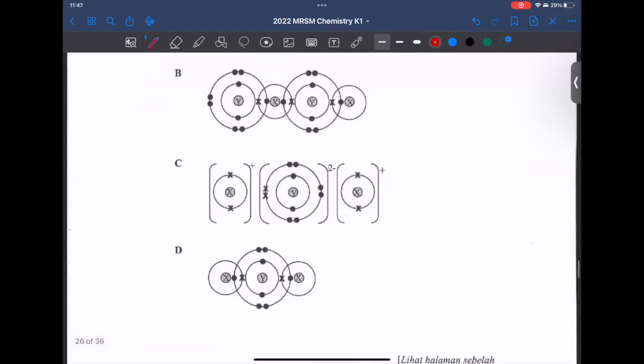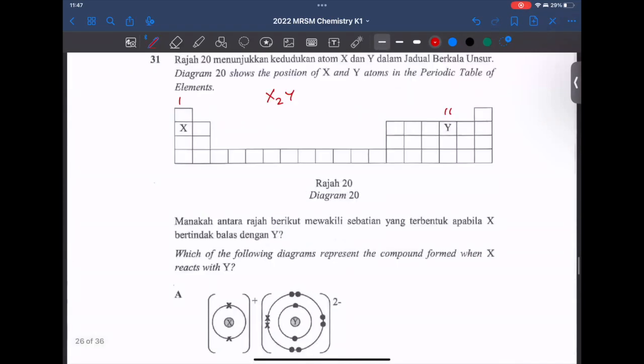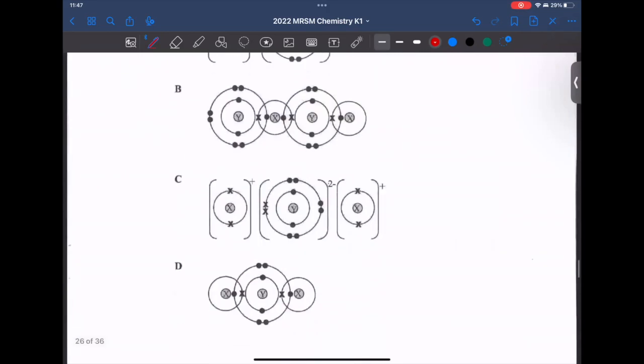Because I said that the formula is X2Y, right? X can only donate 1 electron away, while Y needs 2 more to achieve octet. So 2X donate 2 electrons away to 1Y, which needs 2 electrons to achieve octet. So the best answer here will be C, right? So 2X and 1Y.